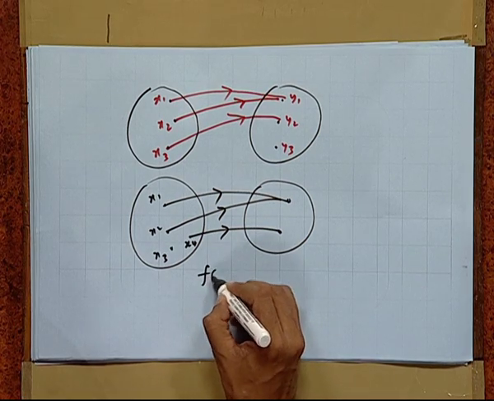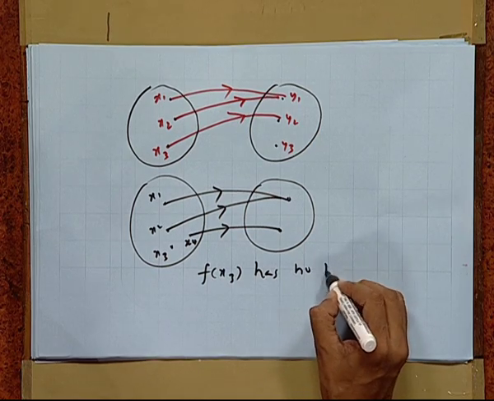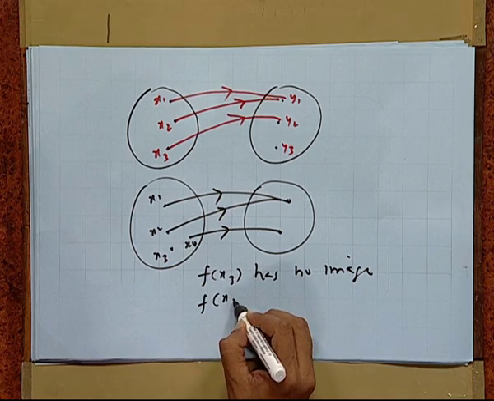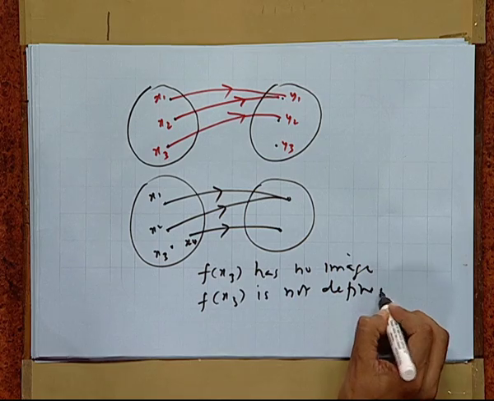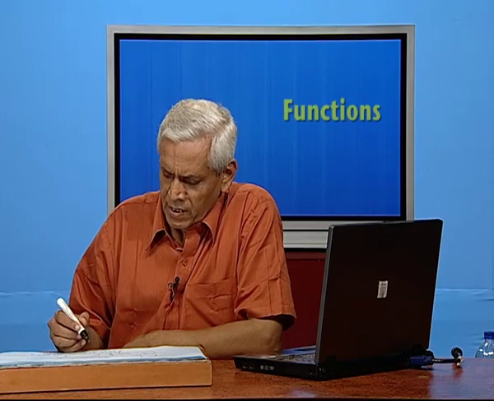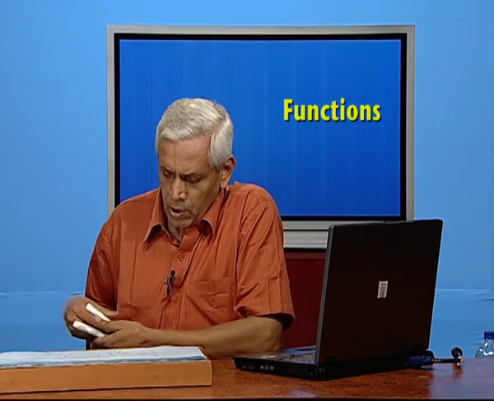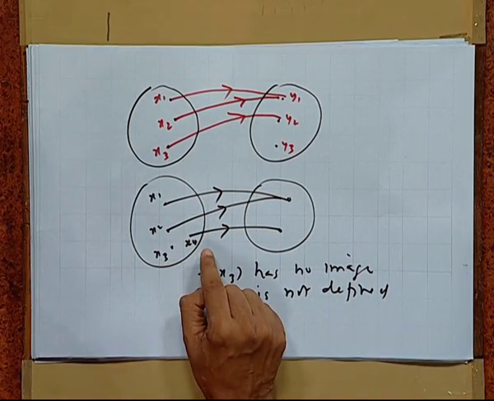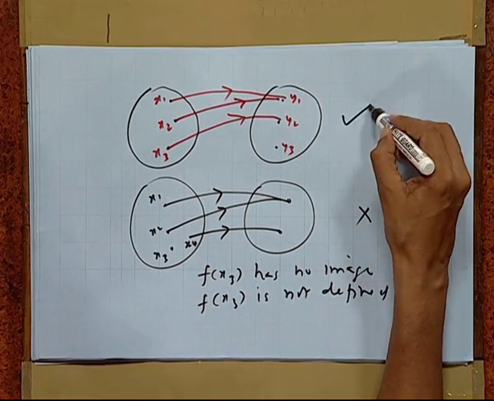We can say f(x3) is not defined. Also we can say f(x3) does not exist. So, in a function every element must have an image. Here x3 has no image, so it is not a function, whereas this was a function.